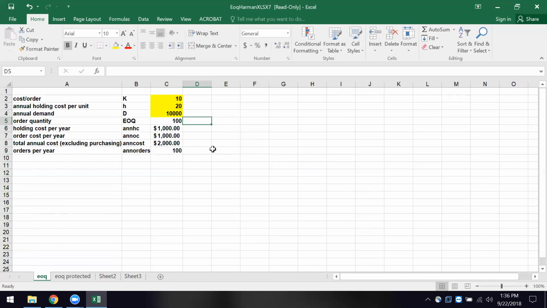Now, if I want to, I can use Goal Seek to find out what I need to do if I wanted to reduce the orders to 50 a year, if I had the capacity to carry and receive two times as much.